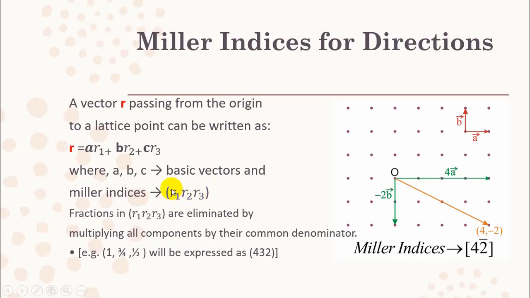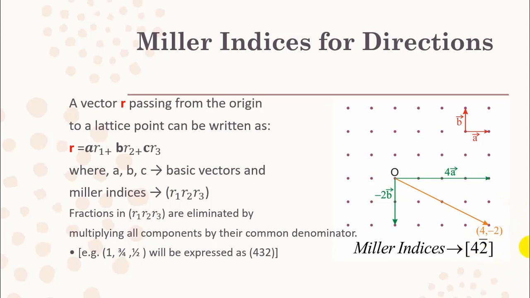That means it represents a point, which here is the 4, -2 point. We know that a negative number can be represented by the number with a bar on top. That is, -2 can be represented as 2 bar.